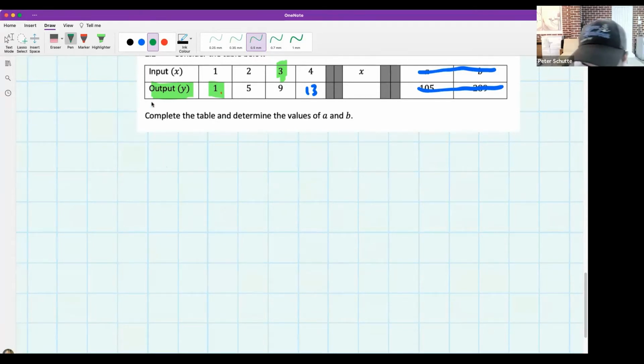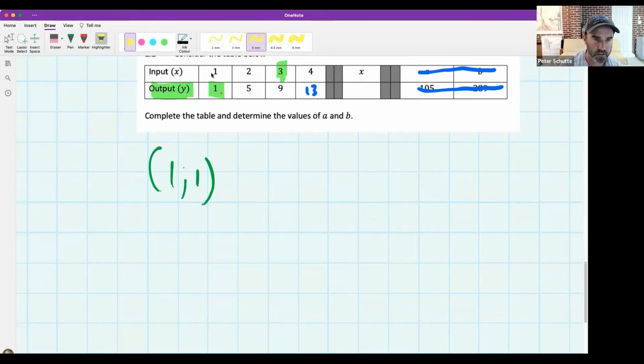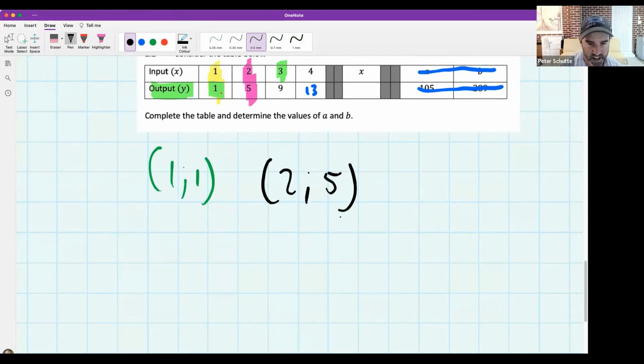Okay, so what I want to point out to you is sometimes input-output pairs are written like this. The very first input-output pair here is 1, 1. That would be this one over here. The second input-output pair, which is this one, if we were writing it in coordinate pair notation, we would write it as 2, 5.